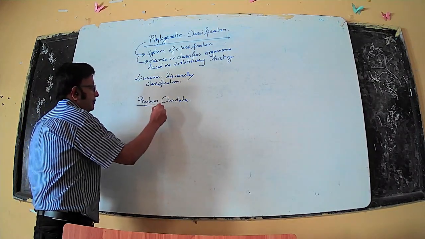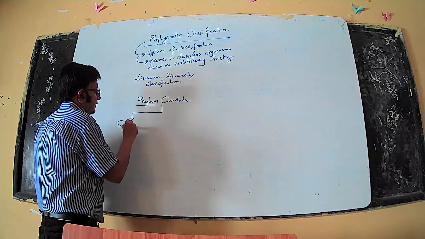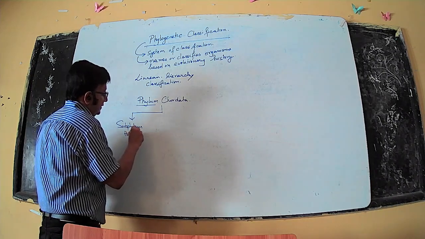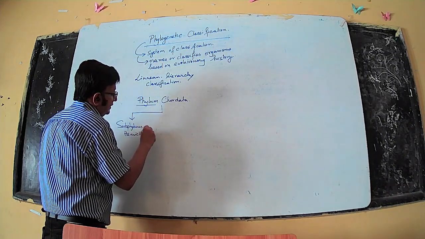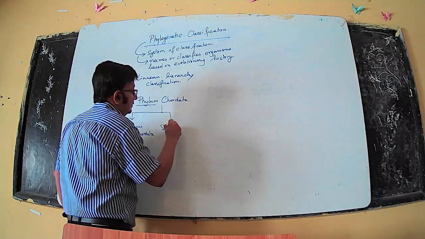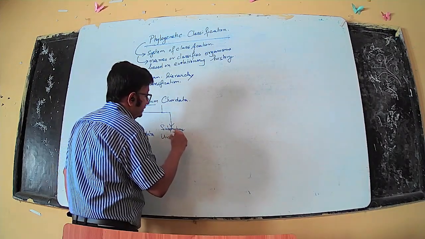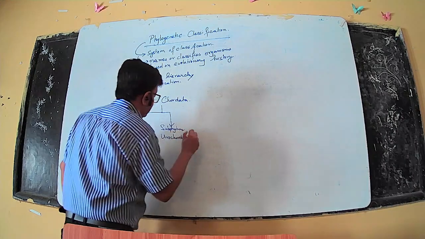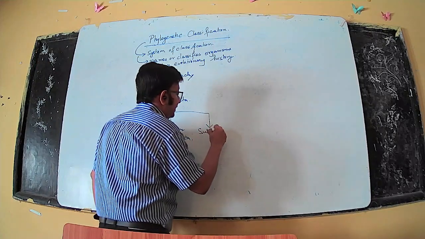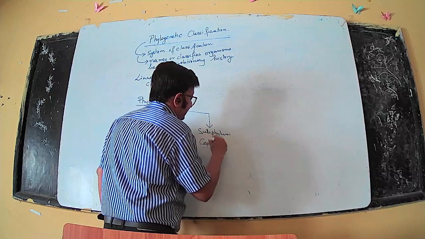We give a phylum, and it is divided into subphylum Hemichordata, subphylum Urochordata, and say, subphylum Cephalochordata.